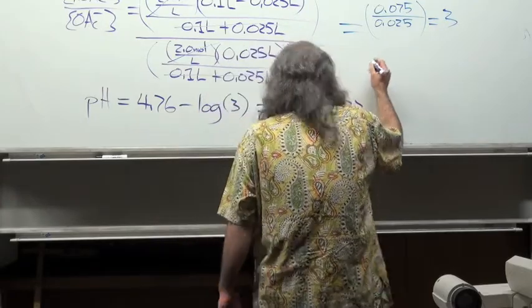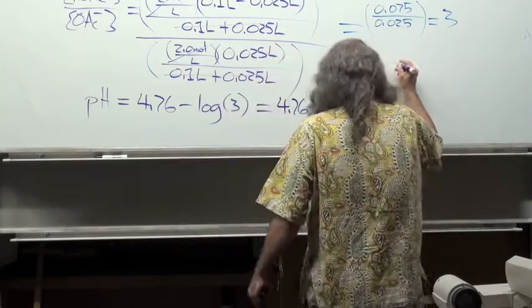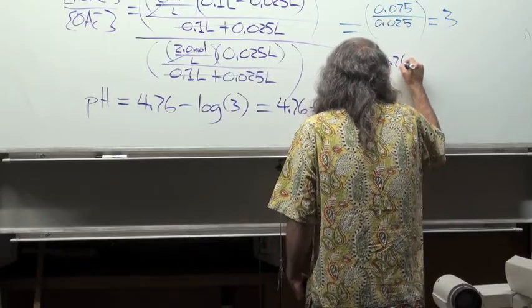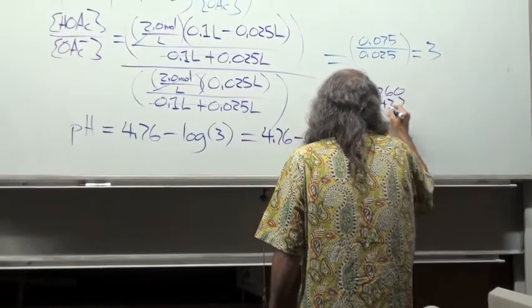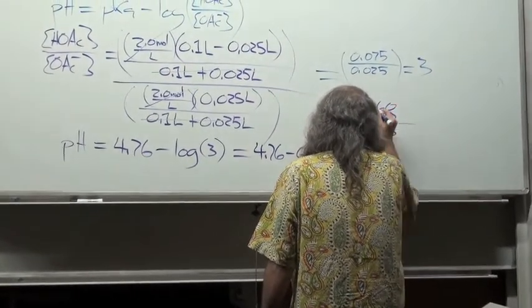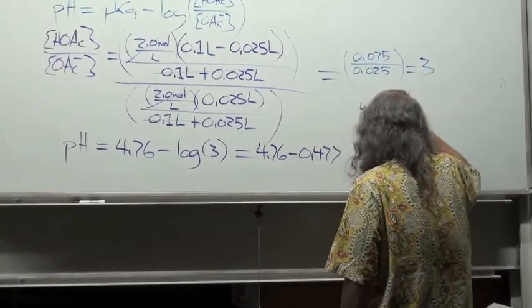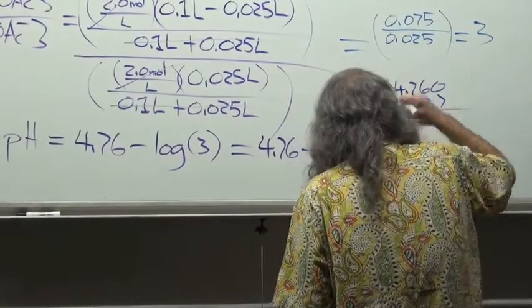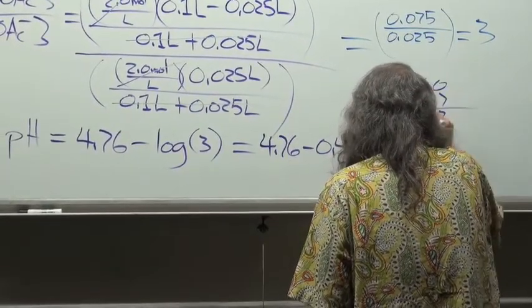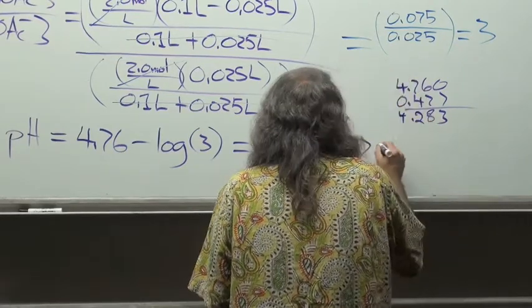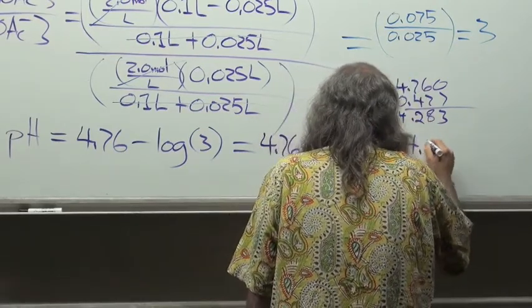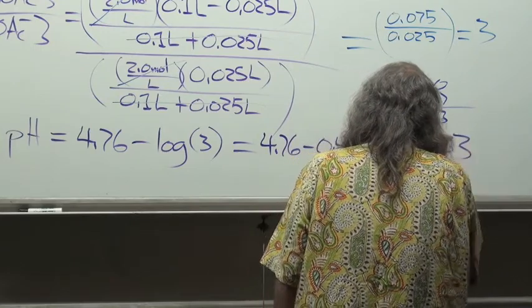And so over on my scratch paper, 4.76, because I'm kind of slow, minus 0.477, and that's 3. This is 5, 15, which is 8, and this would be a 6 minus 2. That's 4, equals 4.283.